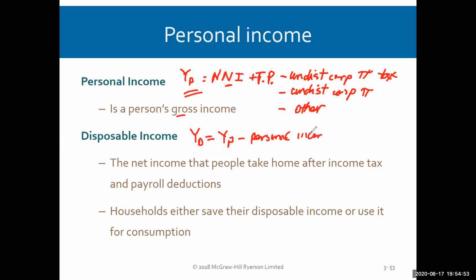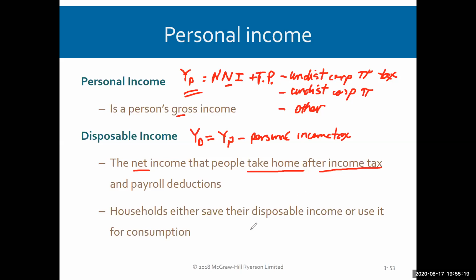Personal income tax. So there's our two methods to get to personal income and to get to disposable income. Defining the both of them again, personal income is a person's gross income. Disposable income is the net income that people take home after income tax. So it's what I get to play and spend at home.